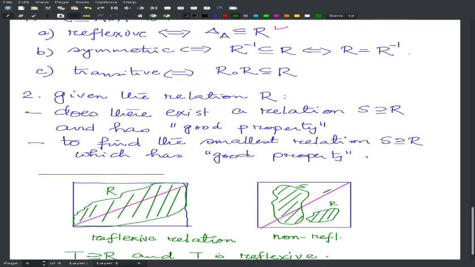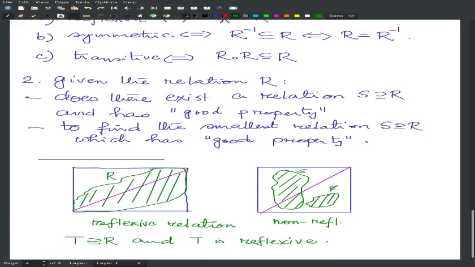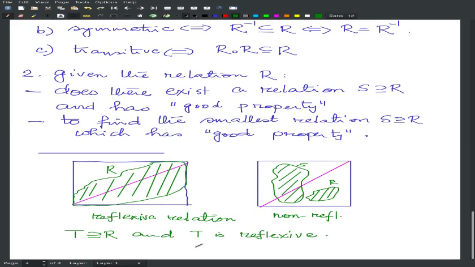Use this calculus, use this picture. Let me give a hint. T is reflexive means, this is the other way of saying it, right?